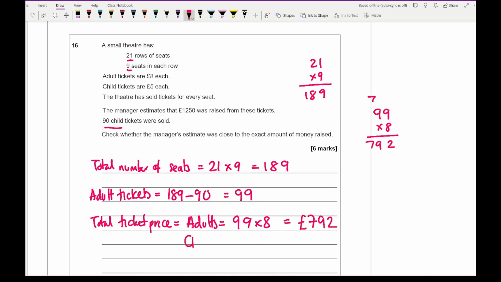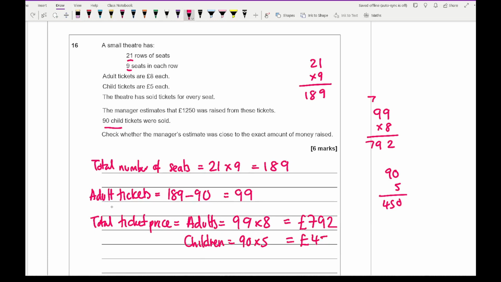Then for the children tickets, well, there's 90, so that's going to be 90 times 5. So again, that's 0, and then we've got 45, so that's £450.